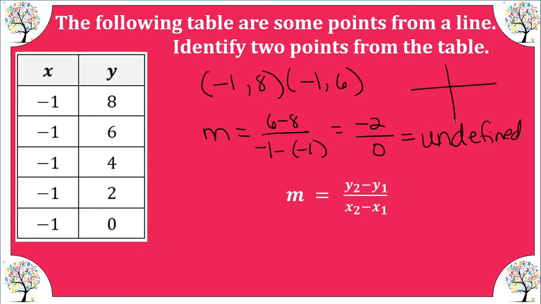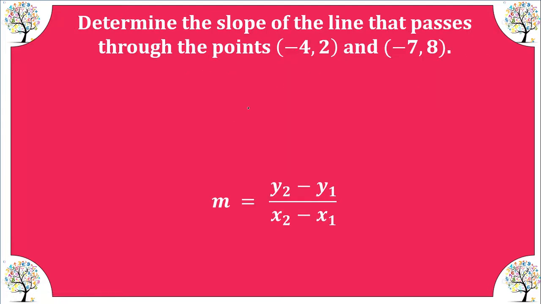This would be, if this is our coordinate plane, and here's -1, this would be the vertical line, x equals -1. Now let's just say we have these 2 points instead of a whole table, so we have to use these 2 points to find the slope. 8 minus 2 over -7 minus -4.